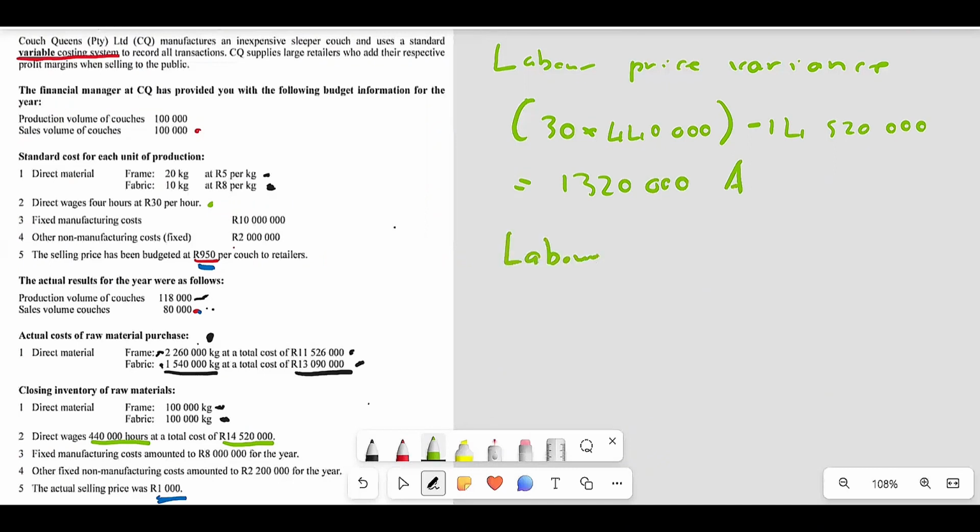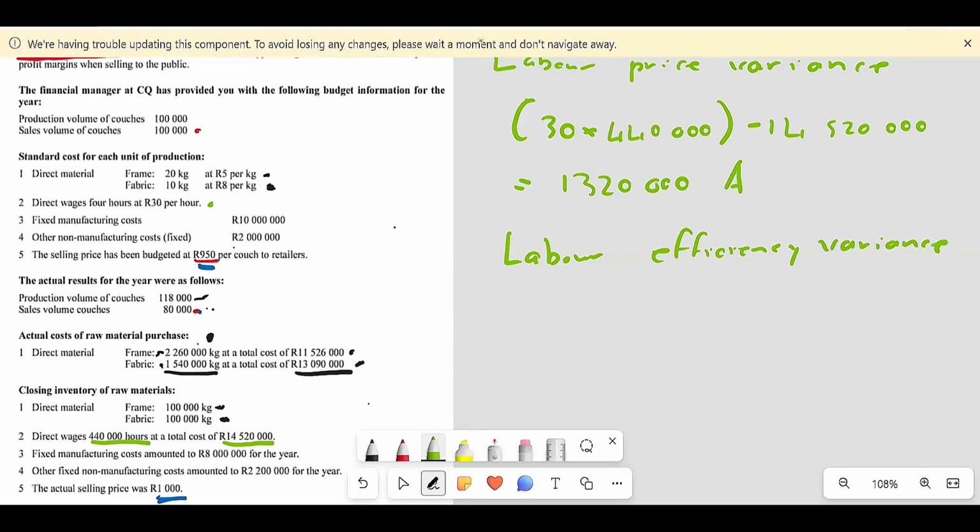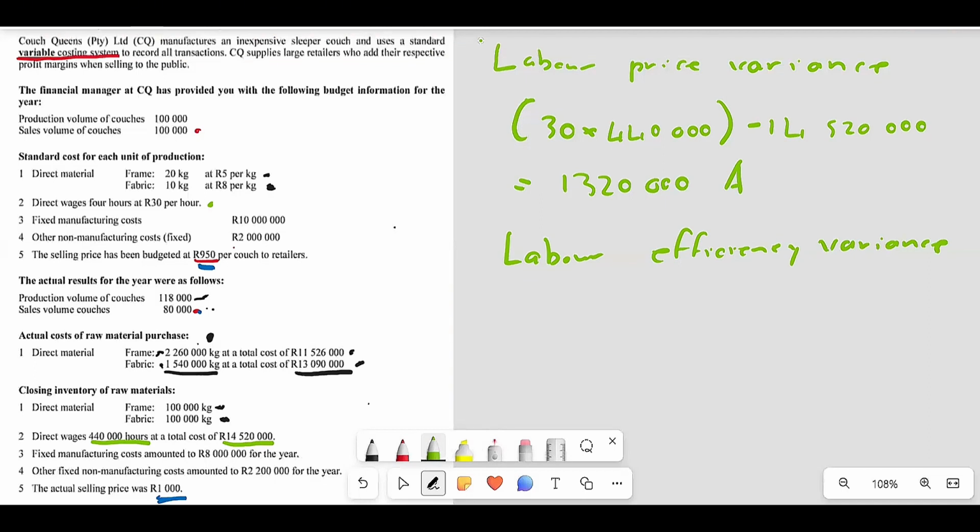Then labor efficiency variance, like how are the employees being efficient with the labor? Efficiency. Okay, let me do this for you. Labor efficiency variance. So you're gonna take your budgeted hours, right?